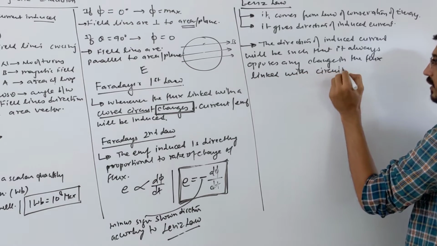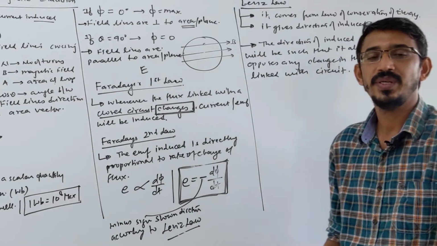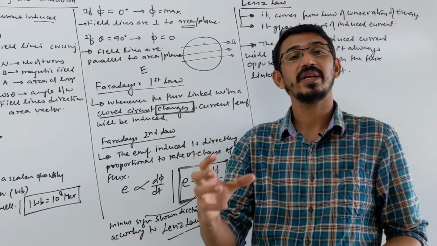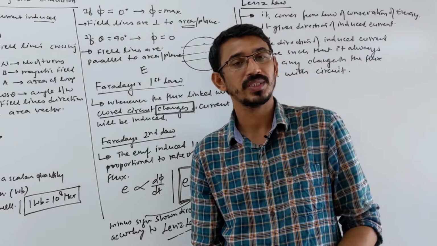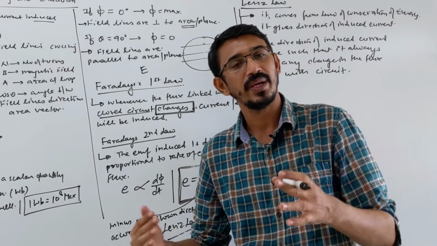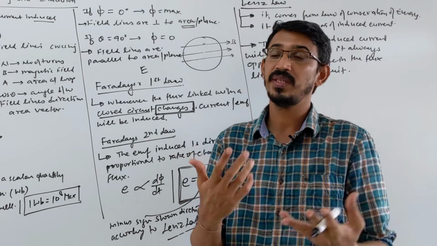What's the direction of induced EMF, induced current? In the direction such that it will try to oppose any change in the flux in the coil. Flux increasing, it will try to reduce it. Flux decreasing, it will try to increase it, right? It wants to keep it the same.